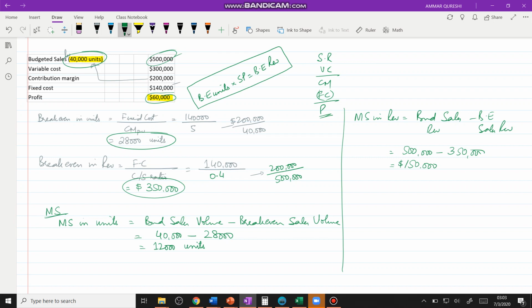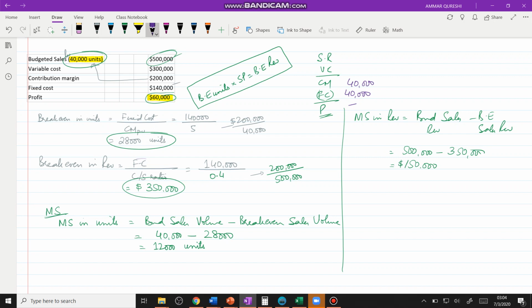So at the break-even point, what is the situation? At break-even, we don't have any profit. So if fixed cost is 40,000, I have to generate a contribution of 40,000, right? That's why we keep only fixed cost in the numerator.